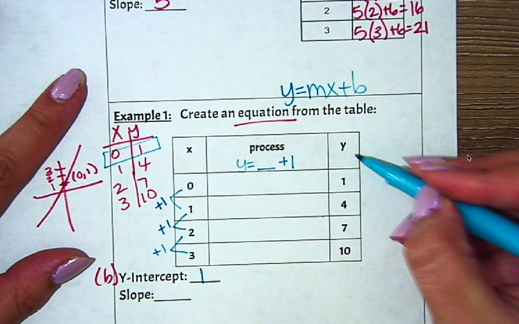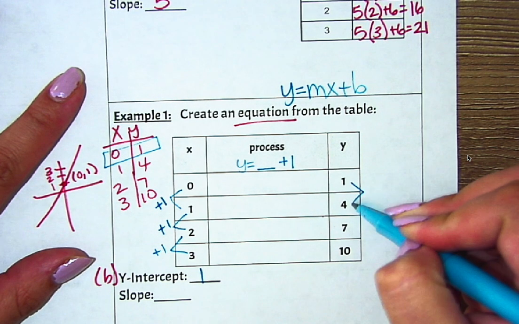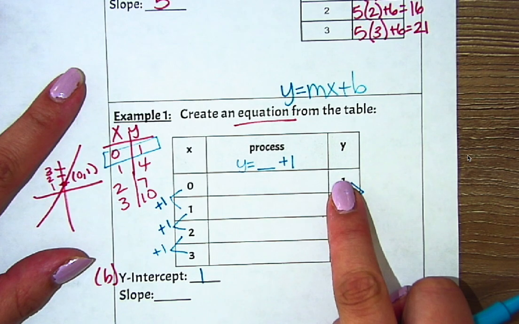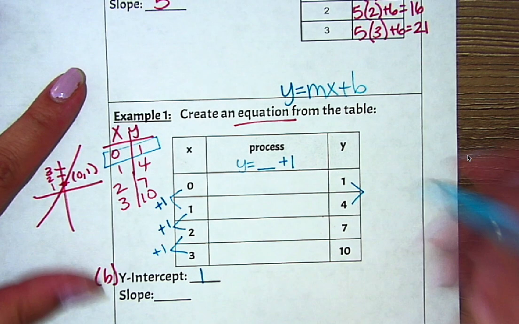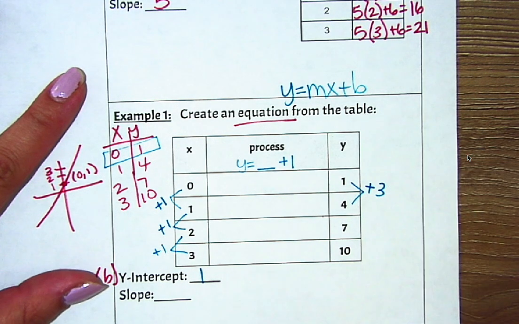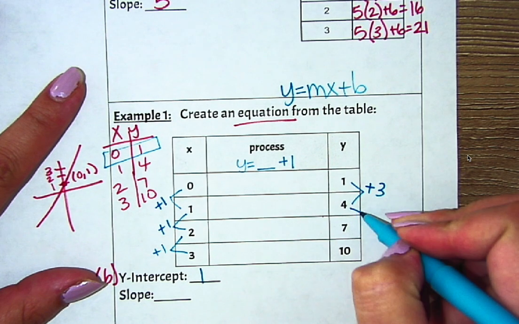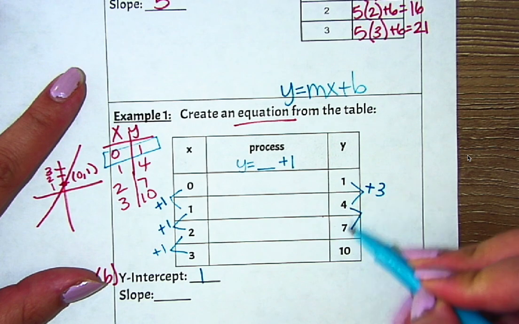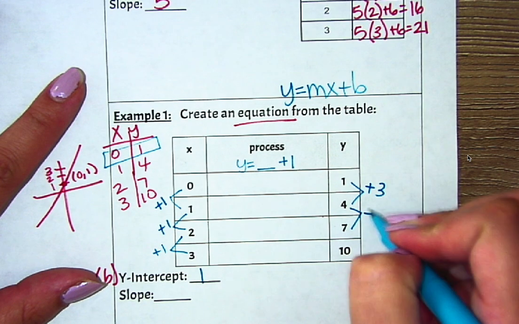Okay, now my y. Let's see how it's happening from 1 to 4. What's happening? How do I get from 1 to 4? Well, you're going to add 3. Okay, we do the same thing from 4 to 7. What's happening? How do I get from 4 to 7? You're adding 3.